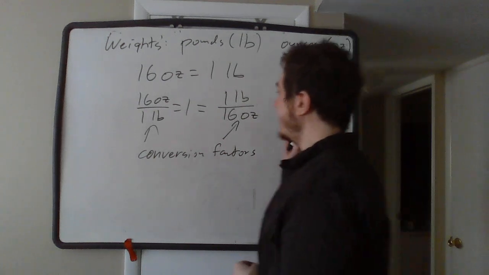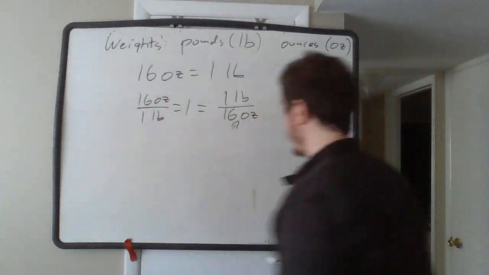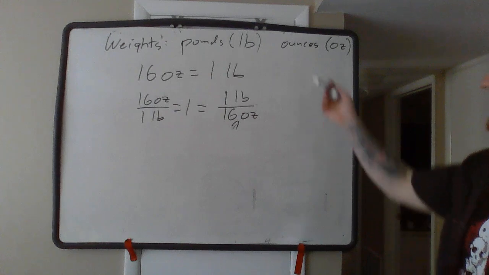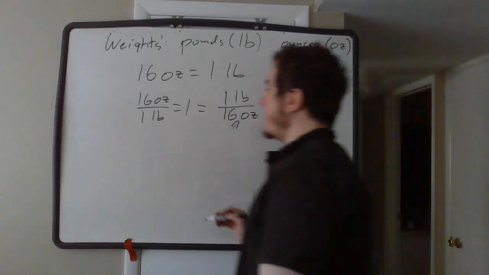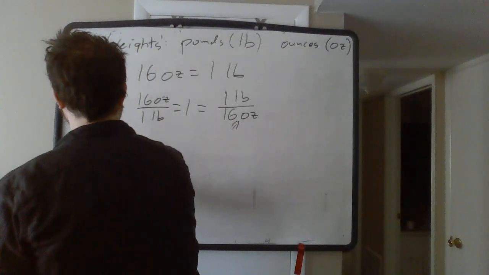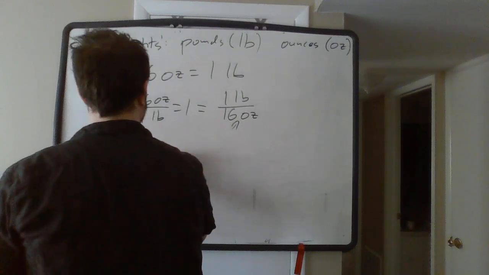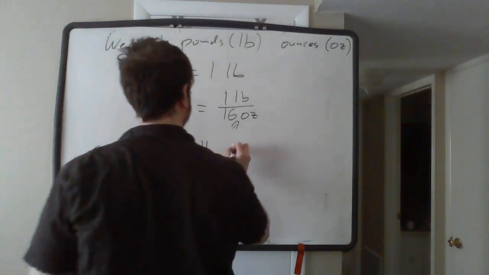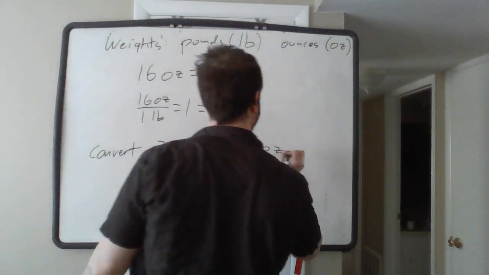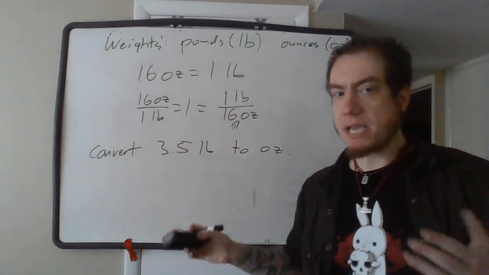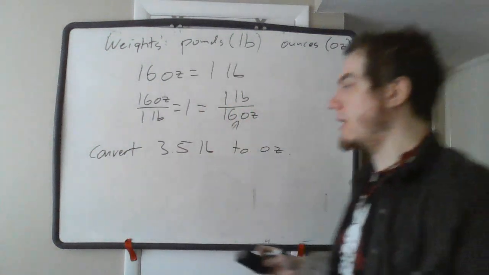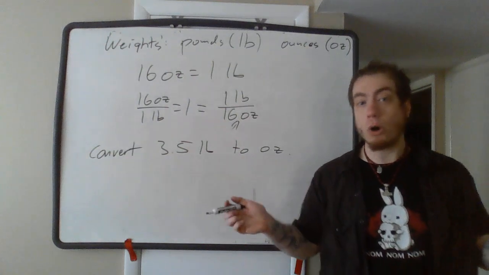So let's write down an example using this particular kind of unit. So let's say that we want to convert 3.5 pounds to ounces. Now, this is the kind of thing that you might have to really do a lot as a veterinary worker, okay?